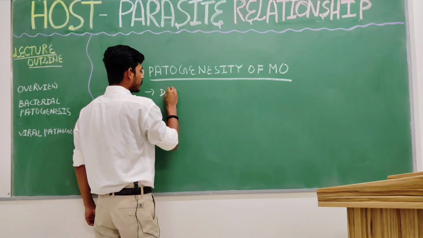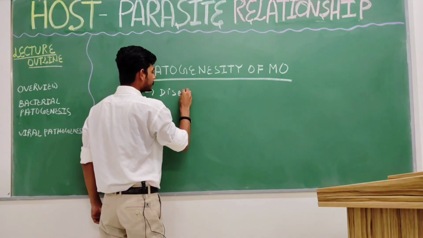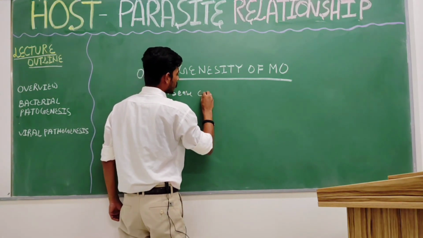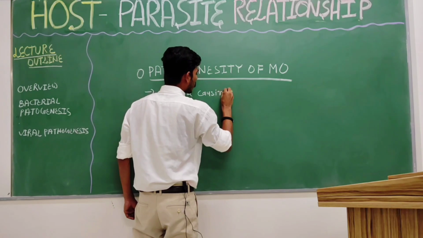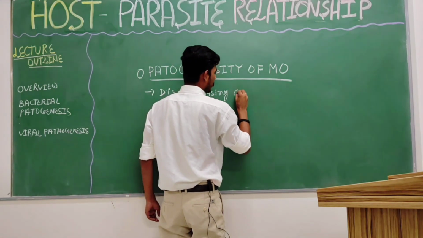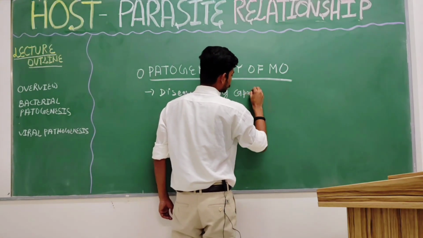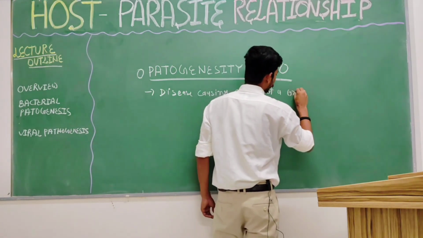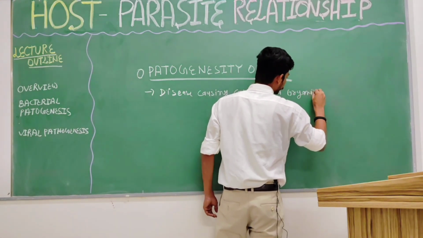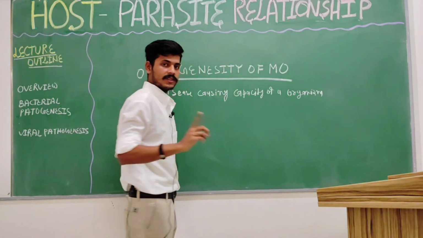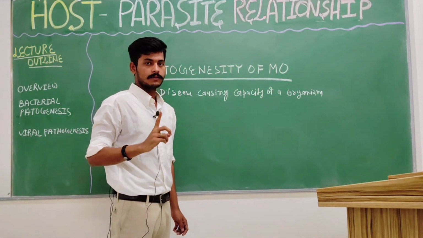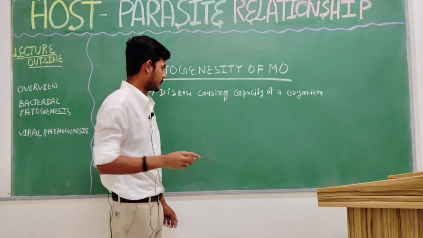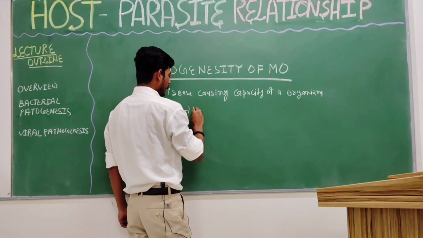So write it down: it's the disease causing capacity of an organism. We've seen that unequivocally certain organisms are pathogens.